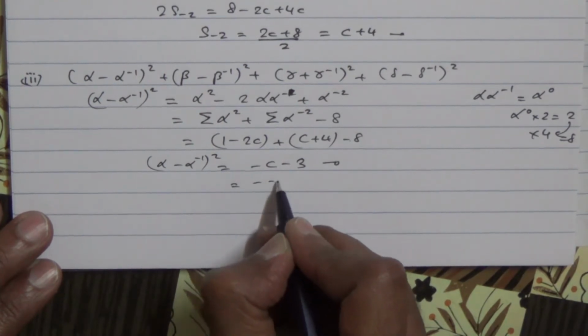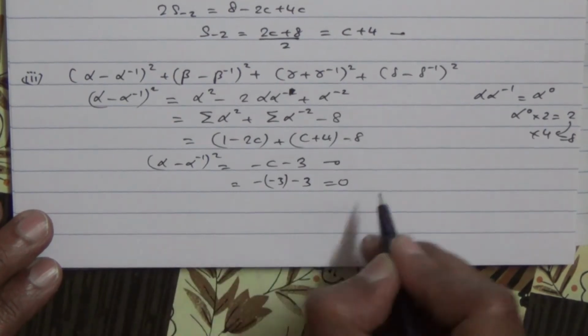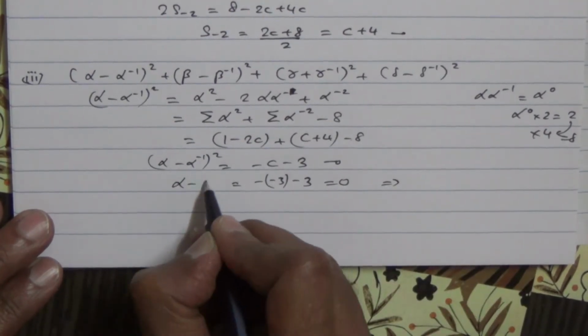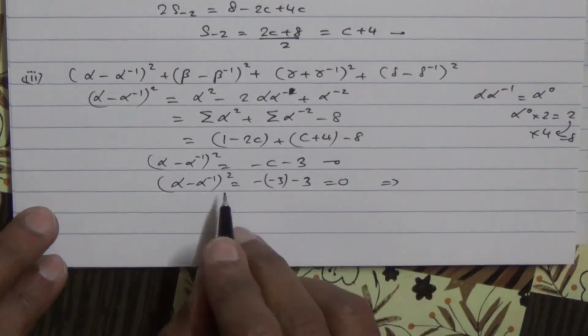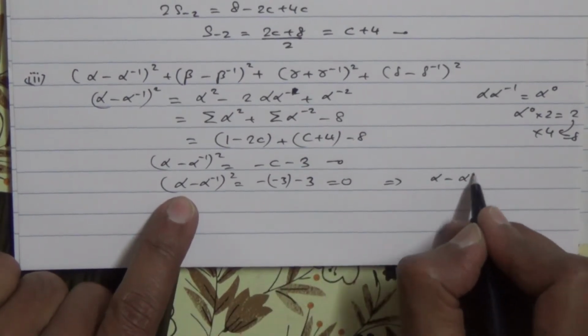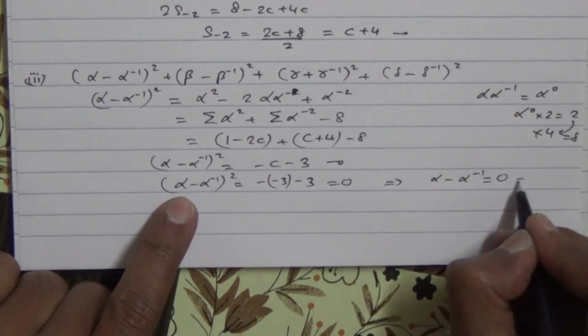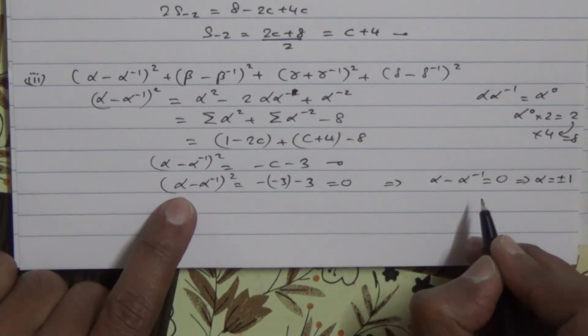So minus 3 minus 3... sorry, c plus 3 is then 0. That means if you solve for alpha, you take the square root of 0, and then alpha minus alpha to the minus 1 is equal to 0, which leads to alpha is equal to plus or minus 1.